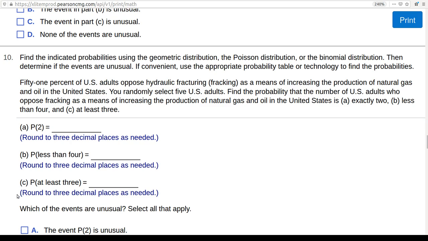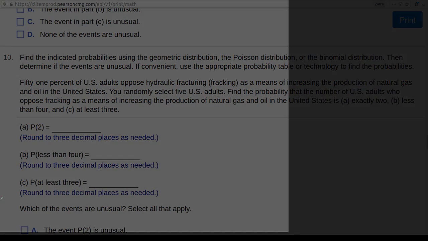So let's get our variables written over here. We have a success value of 51%, or 0.51, which means we have a failure value of 0.49. We're picking 5 adults randomly, so that's the number of trials for our binomial distribution.